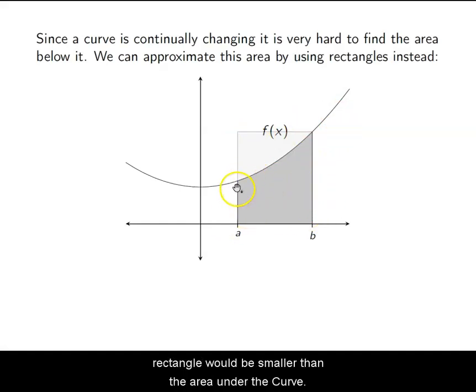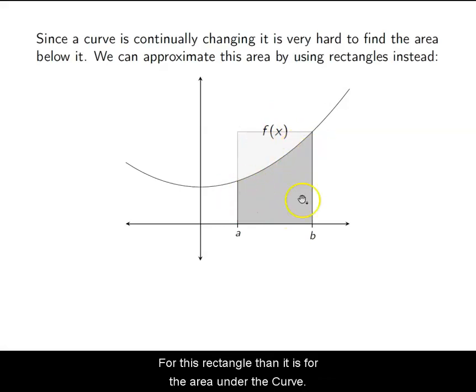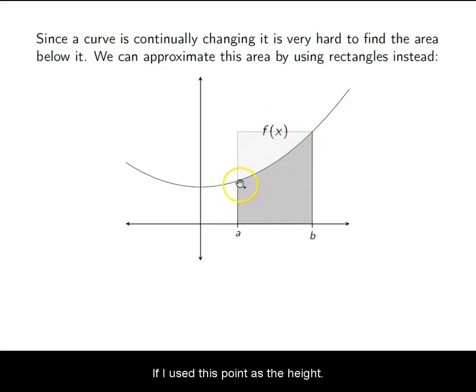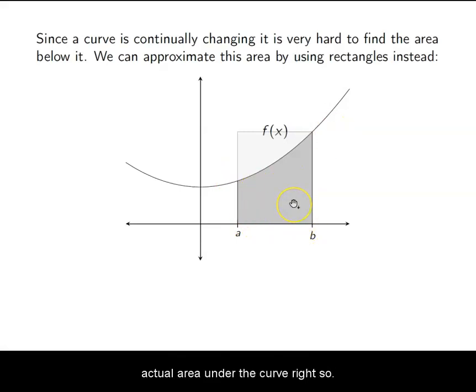So then my rectangle would be smaller than the area under the curve, but it wouldn't matter too much because this is an over approximation. The area is larger for this rectangle than it is for the area under the curve. If I used this point as the height, then it would be an under approximation because the area of my rectangle I'm using is smaller than the actual area under the curve, right?